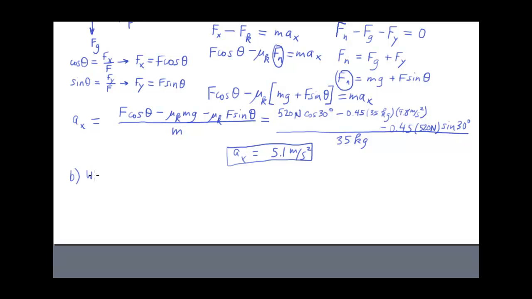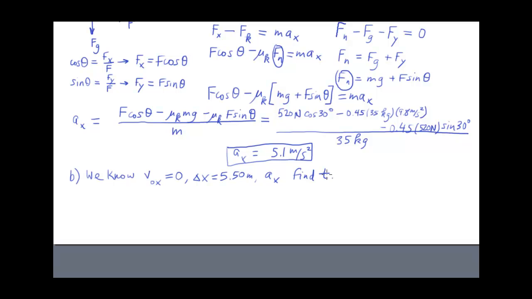So we know, just make a list of what we know. If it starts from rest, then v0x is equal to 0. We know delta x, since it moves 5.5 meters, that's delta x, 5.50 meters. We also know the acceleration, a sub x, and we're trying to find the time, how long it takes.